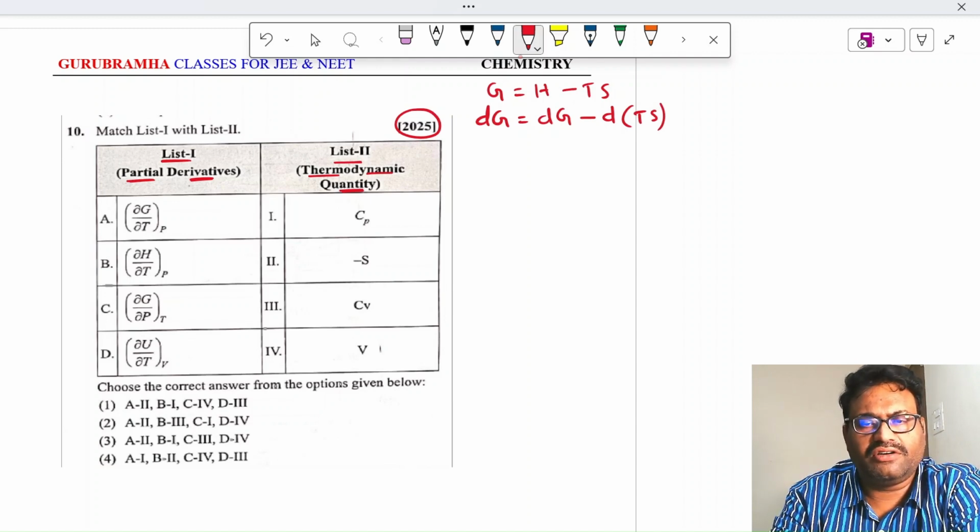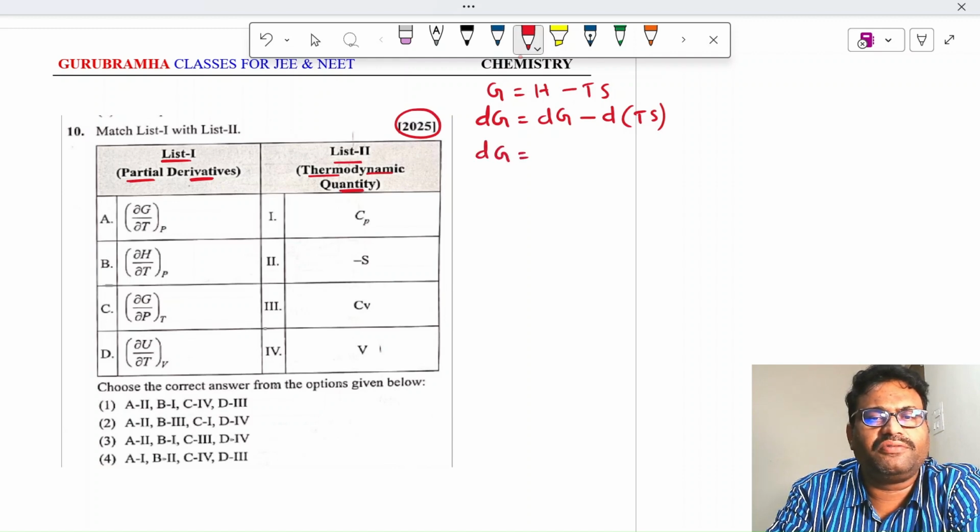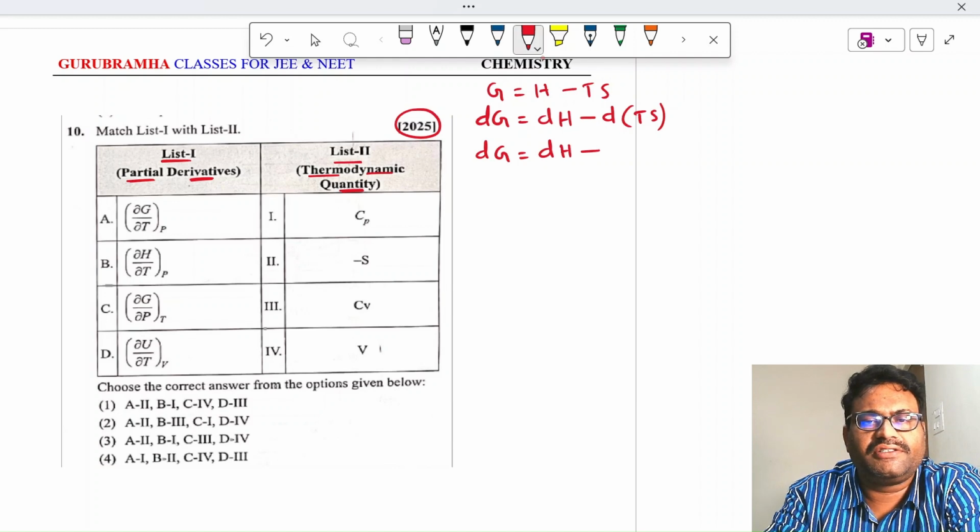Differentiation of d into TS gives you what? dG is equal to dH minus T into dS plus S into dT.